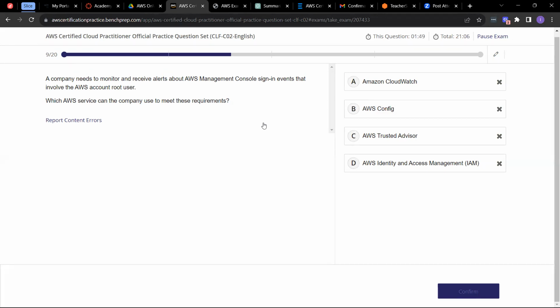It gives you recommendations on the best security practices, or the best practices to make your infrastructure save costs, when we are not following the best practices. But here we are looking at login alerts. So CloudWatch, as I said.